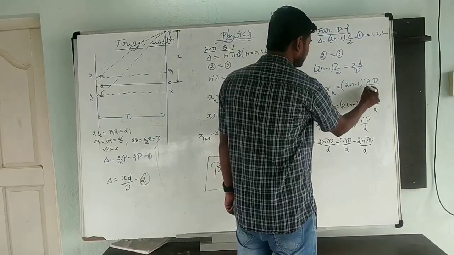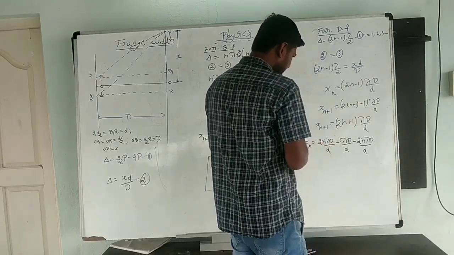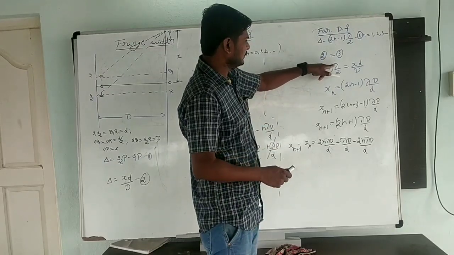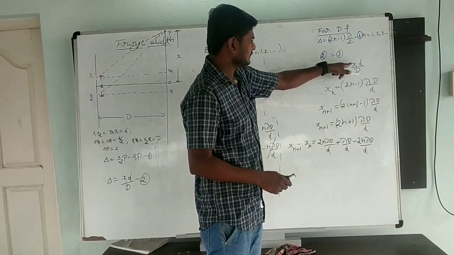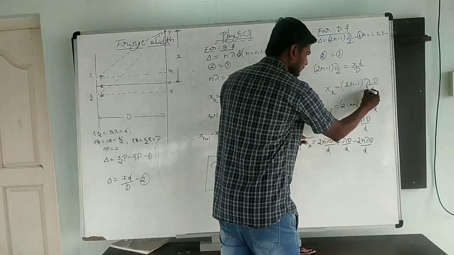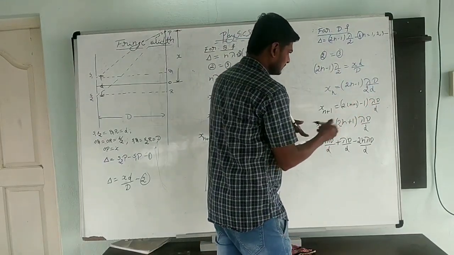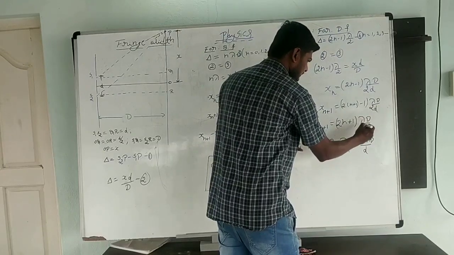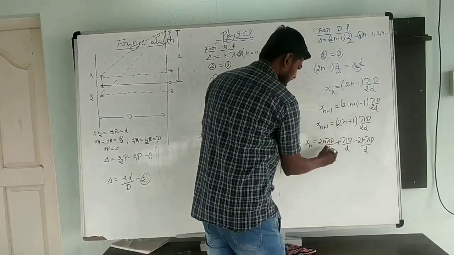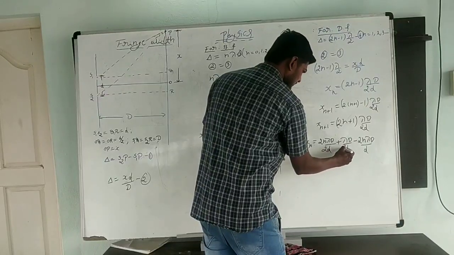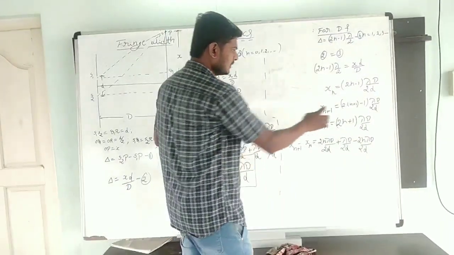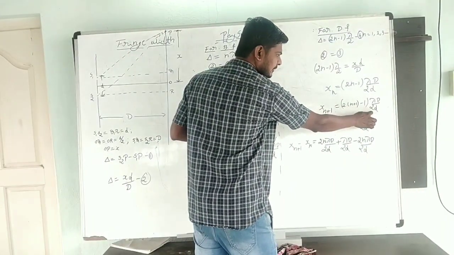Sorry, this is (2n minus 1) into lambda by 2. Now x is equal to this, lambda D divided by 2d. The 2 here, 2 here also, 2d, 2d, 2d. Now, minus 1 into lambda D divided by 2d.